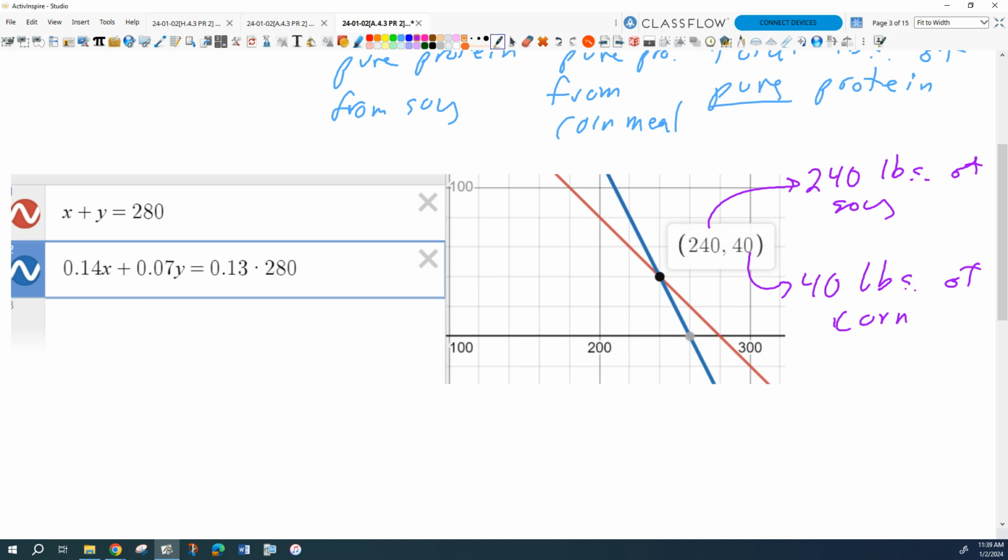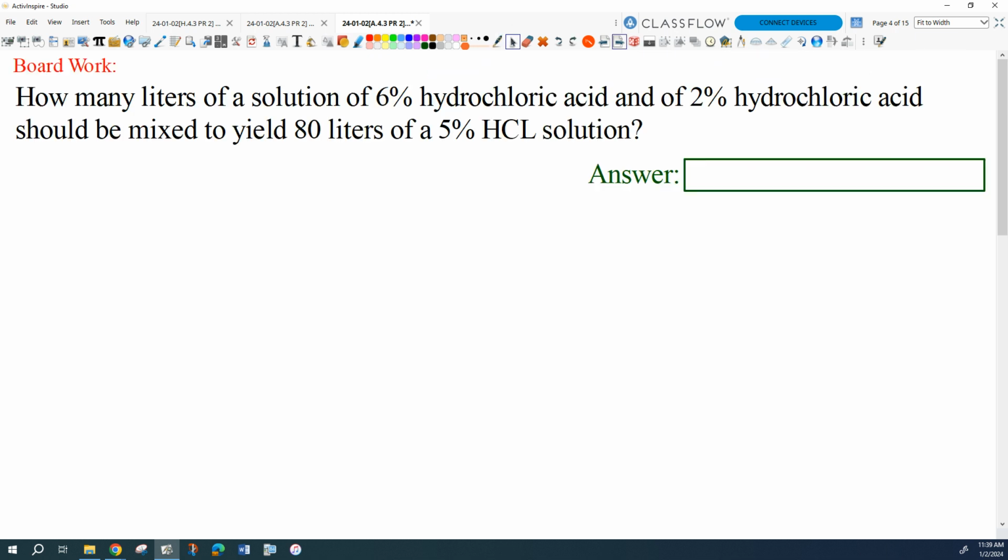Okay. Good, good. All right. Now you guys, let's take a look at this one. There's a chem question. You'll be doing stuff like this if you haven't already. So look, what are we doing here? How many liters of a solution of 6% hydrochloric acid and of 2% hydrochloric acid should be mixed to yield 80 liters of a 5% hydrochloric acid solution?